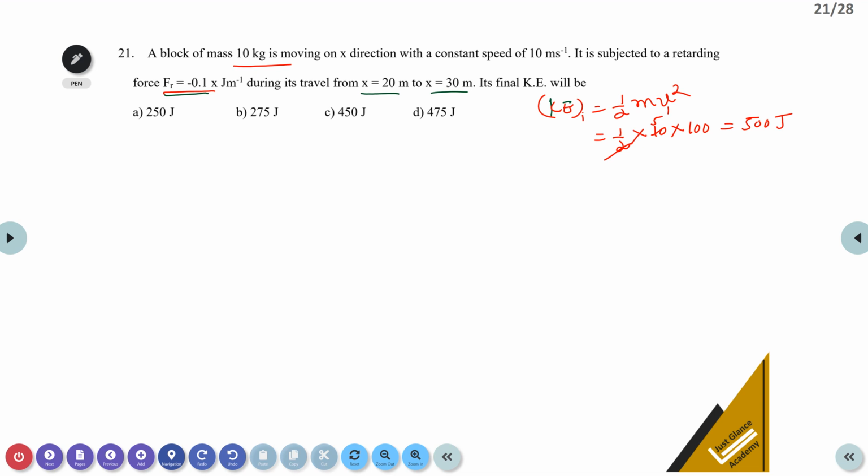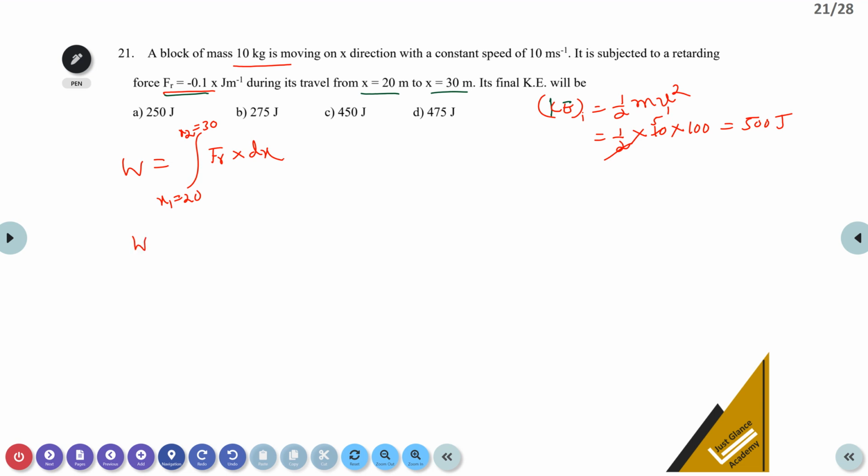So here first you should calculate work done equal to the integration of F dx. It is a retarding force. The quantity is varying only along the x direction, so x1 equal to 20 and x2 equal to 30.